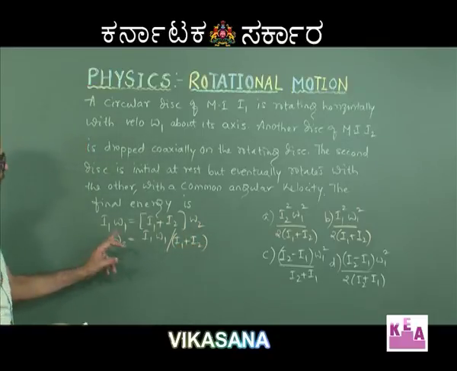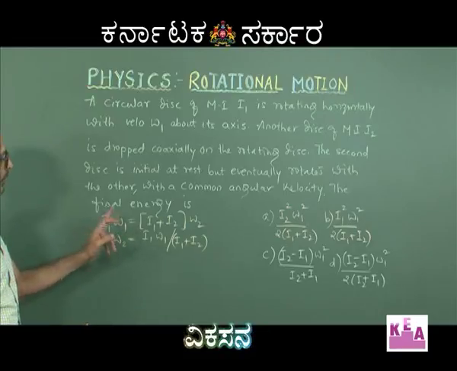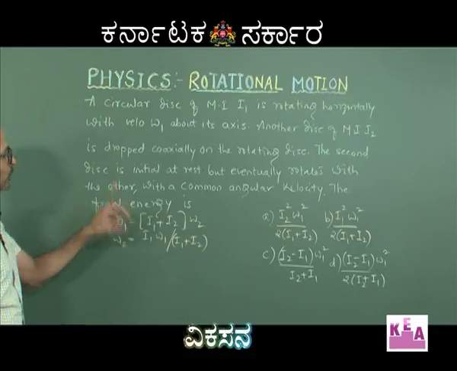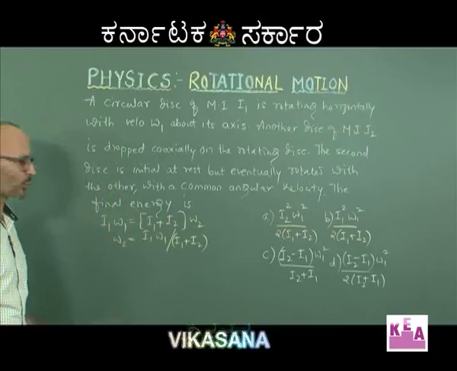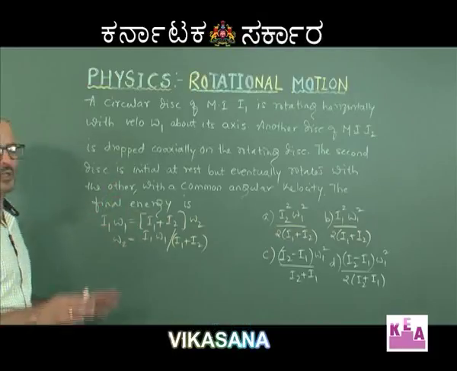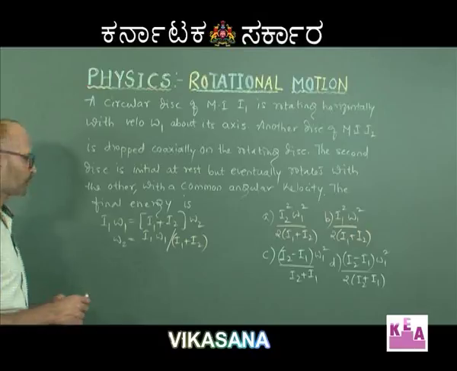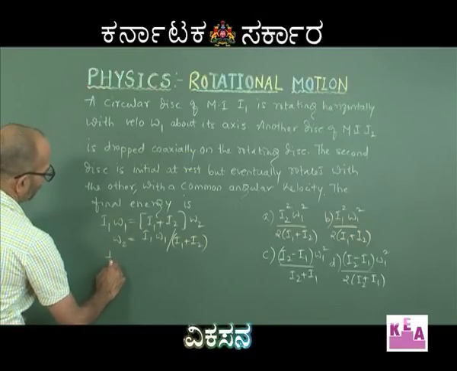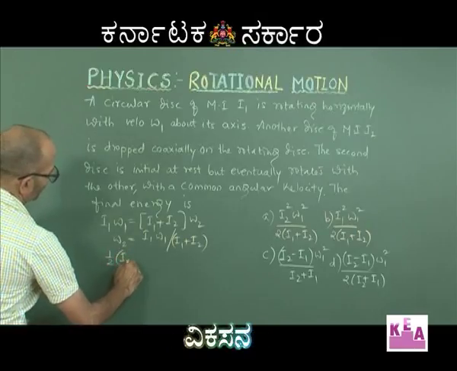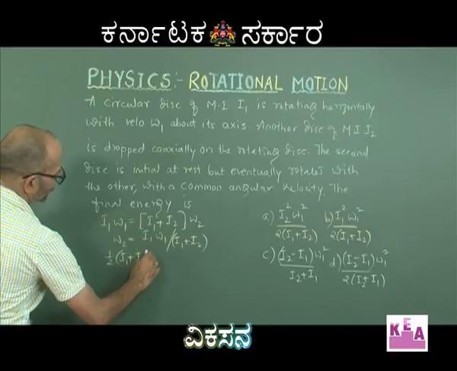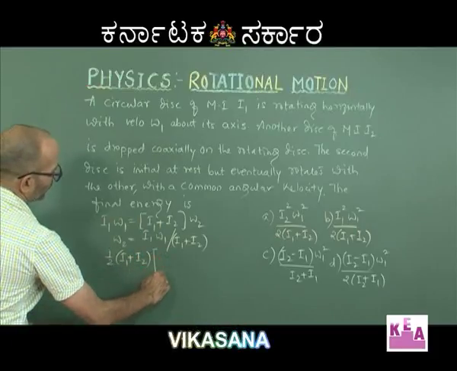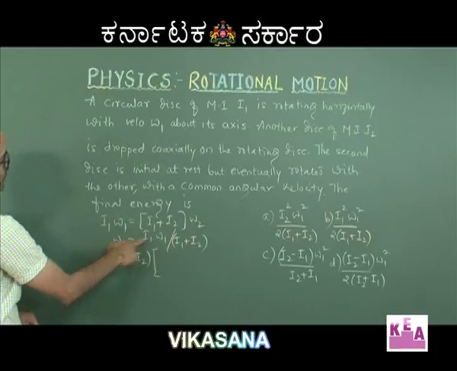Fine. So, this is the new angular velocity and now you are supposed to write the kinetic energy. And how do you write the rotational kinetic energy? The rotational kinetic energy is given by half I omega square. Fine. So, I will write half, I means I1 plus I2 because there are two disks which are rotating and the common angular velocity that we have found out is omega 2.